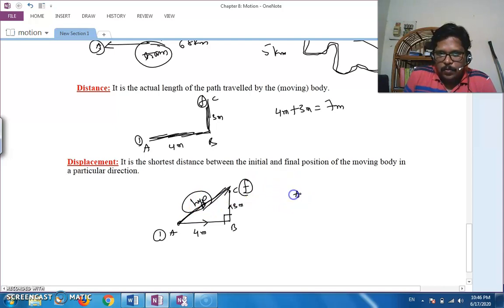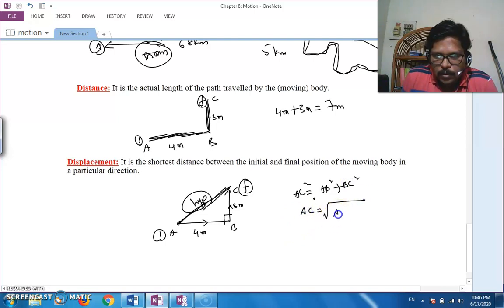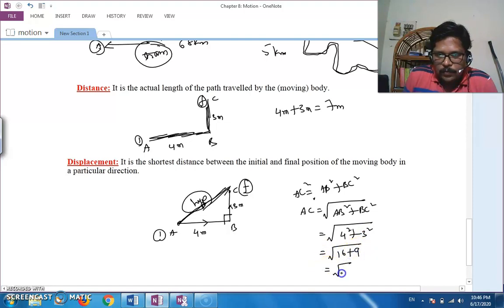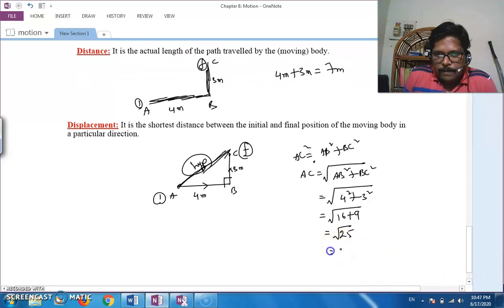AC squared equals AB squared plus BC squared. So AC equals the square root of 4 squared plus 3 squared, which is root 16 plus 9, equal to root 25, which is 5 meters. So AC is 5 meters. The displacement is 5 meters.